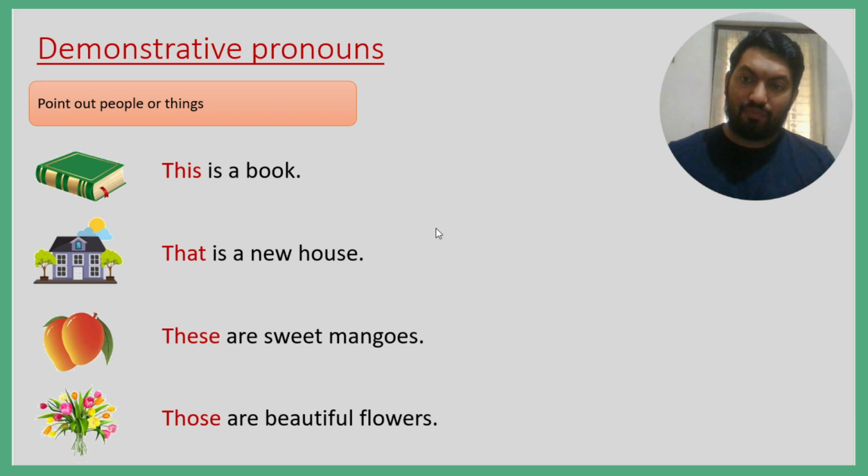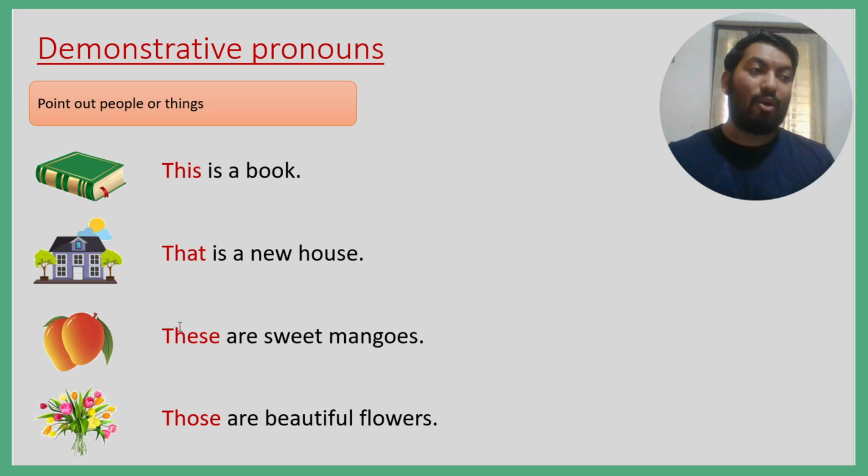Demonstrative pronouns are very simple. They are used to point to things. They are used to demonstrate things. This is a book. You see, I'm pointing. This is a book. So here this is a demonstrative pronoun. We are demonstrating.